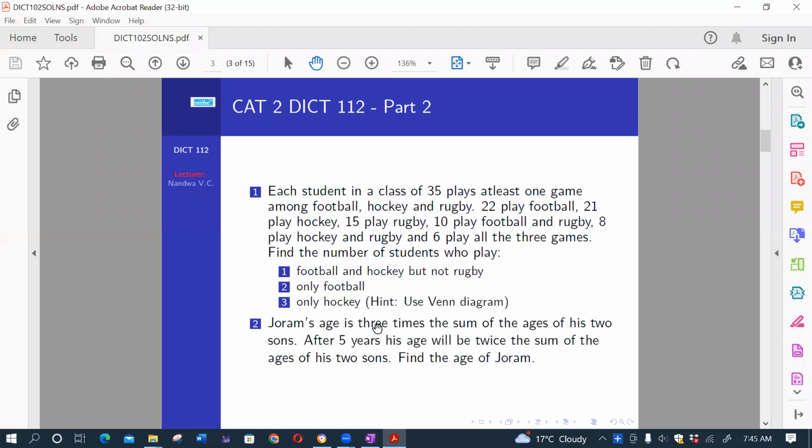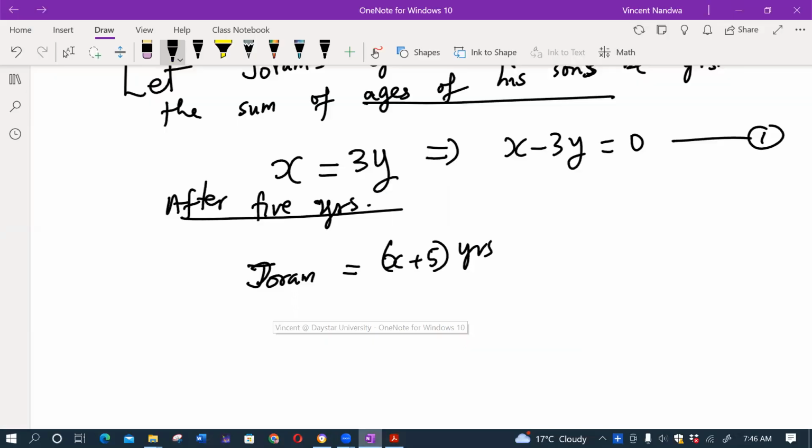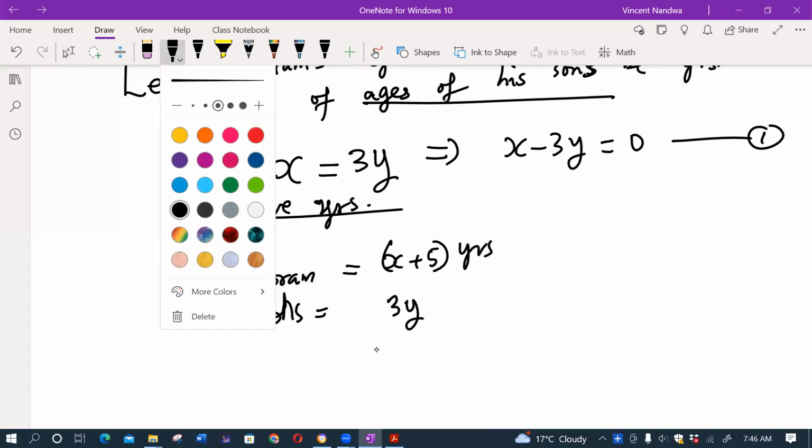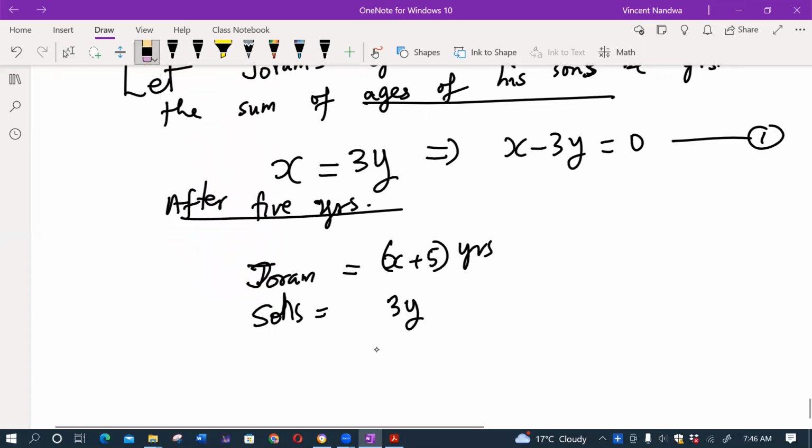There are two sons, so each of the two sons will have gained 5 years, which in total is 10 years. So the sum of the ages of these two sons after 5 years will be given by the sum of the ages now, which is Y.